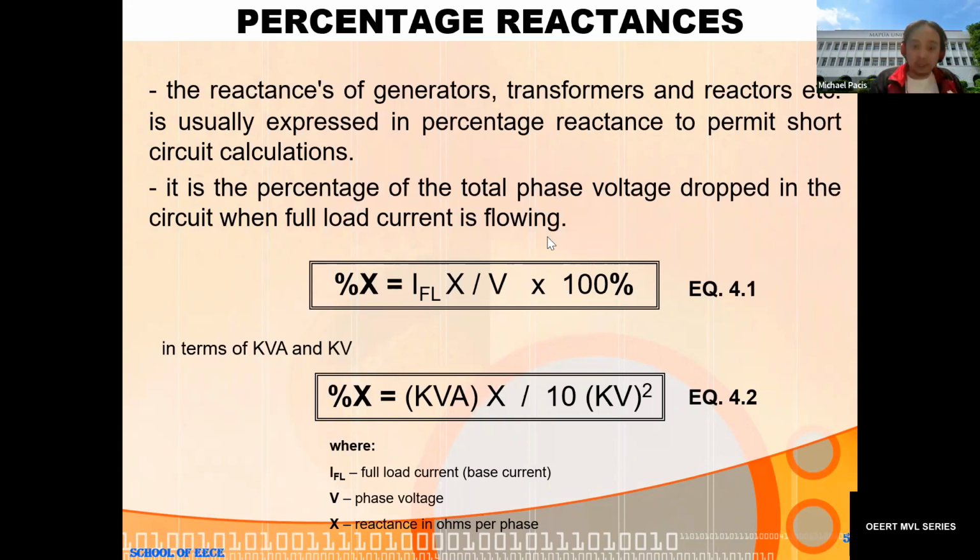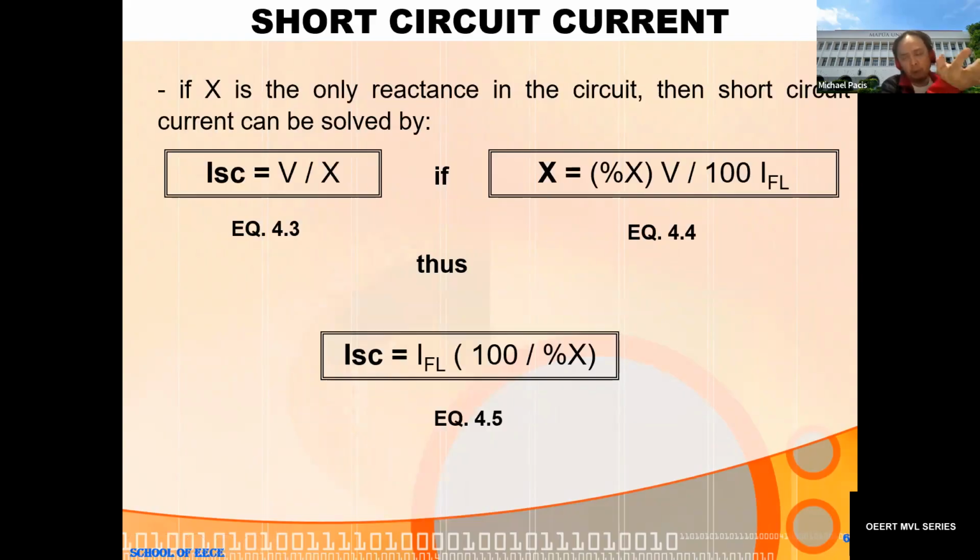Move forward. Okay, now, how will you compute for the short circuit current? As I mentioned a while ago, you can compute for the short circuit current by having a Thevenin's reactance, the pre-fault voltage divided by the reactance of the Thevenin's at the fault point. Ito yan. At ito yung I Norton mo, which is your short circuit.